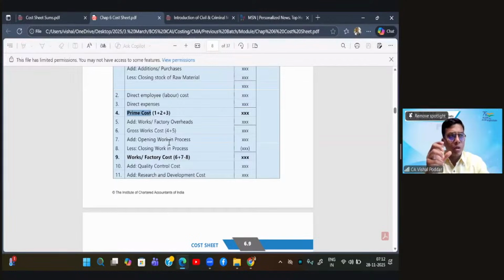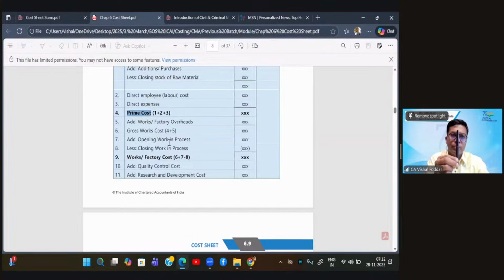Now, what is the logic of overheads, or why do we keep indirect costs separate? Because direct costs are the ones which are easily identifiable and linkable to your final product. So let us say I'm making this pen. This is my final product. Now, what will go into this pen is the direct cost, which is only for this pen.